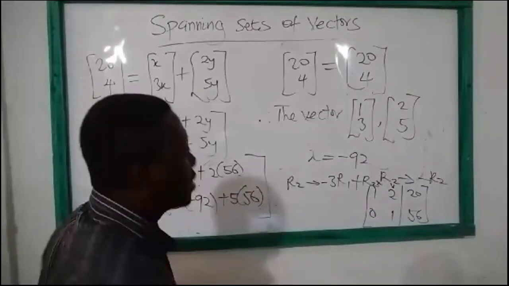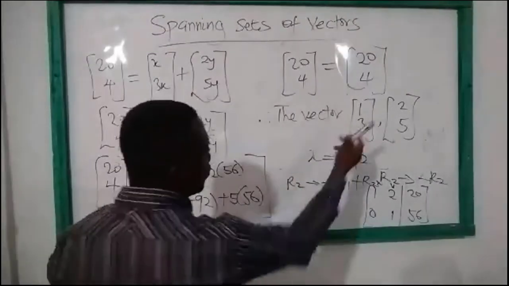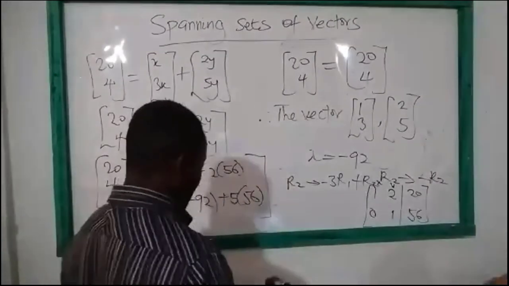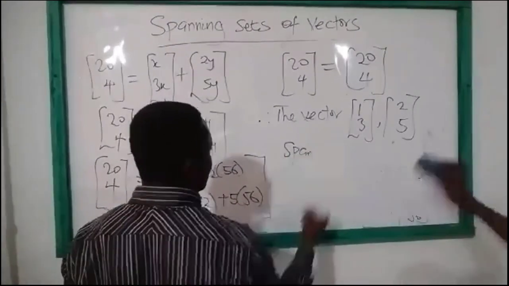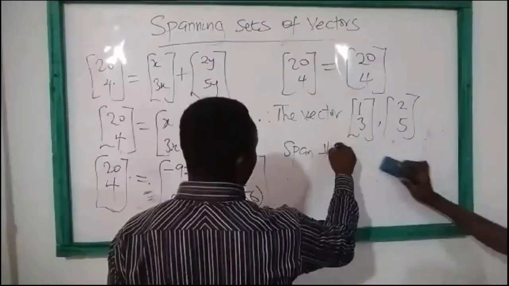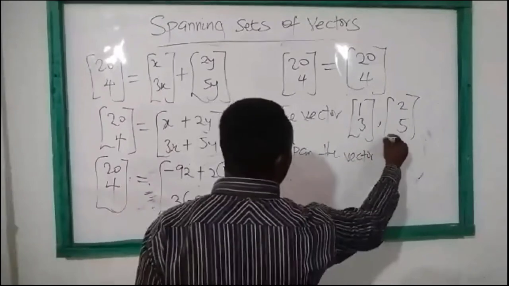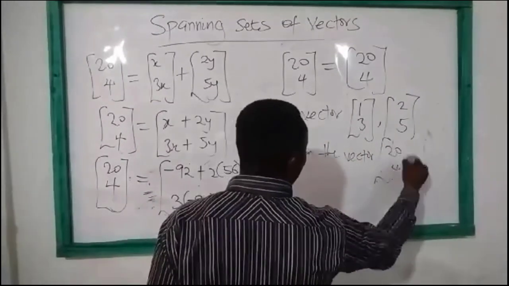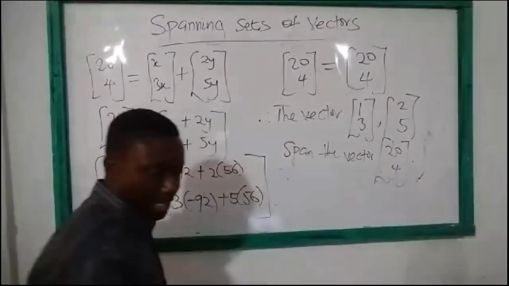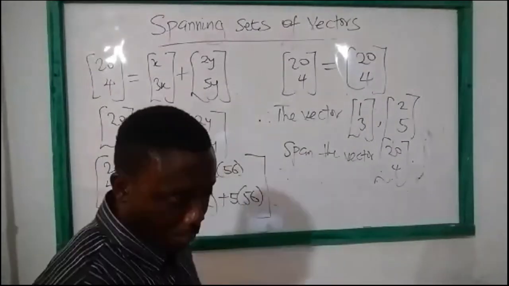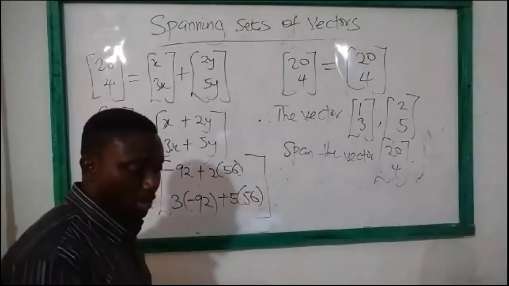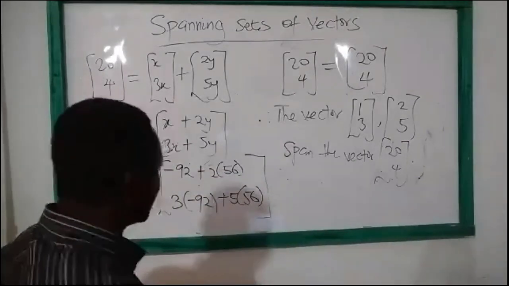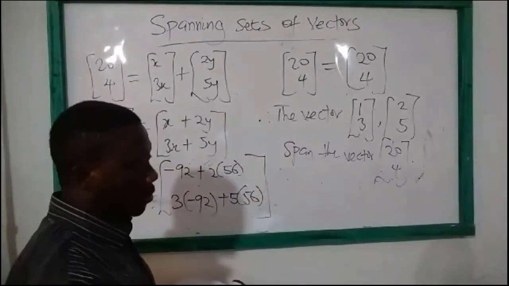So this set of vectors 1, 3 and 2, 5 spans the vector 2, 4. So this is how the conclusion will be. That is how the conclusion is going to be. So I think I'm good.